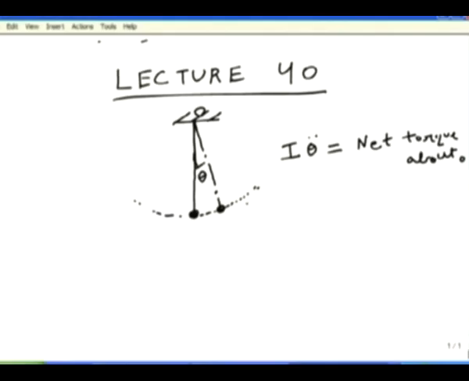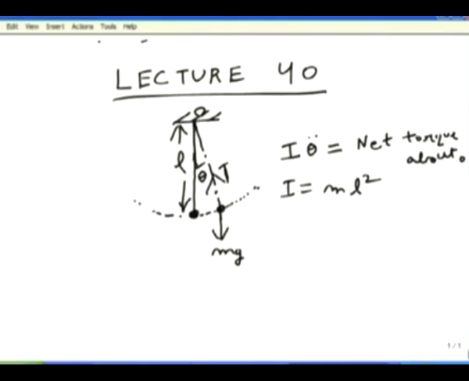So, if the length is L, I is equal to m L square, and then there is a force acting on the bob, m times g, then there is a tension of the string, that is T.